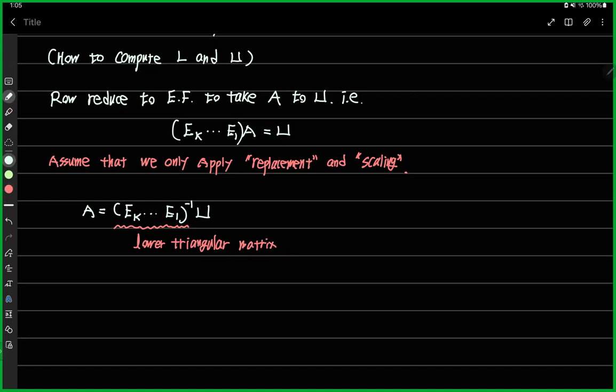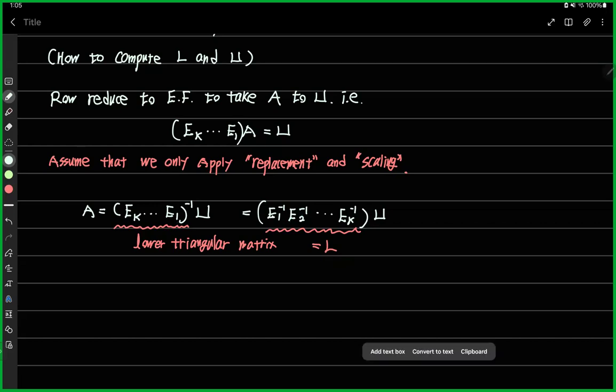Which means that this is equal to E1 inverse times E2 inverse, and so on, because when you take the inverse of a product of elementary matrices, you need to reverse the order, right? Ek inverse, then U. This is the lower triangular matrix, which is equal to L. You may wonder why this is a lower triangular matrix.